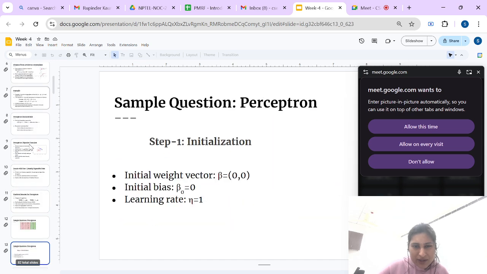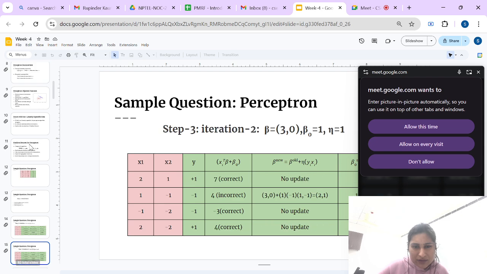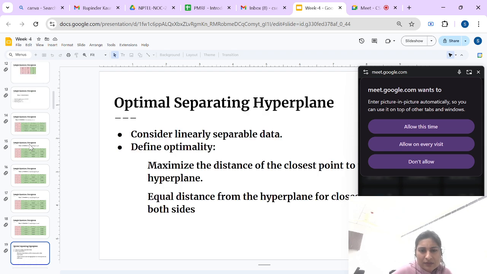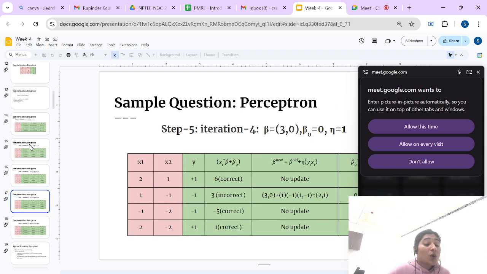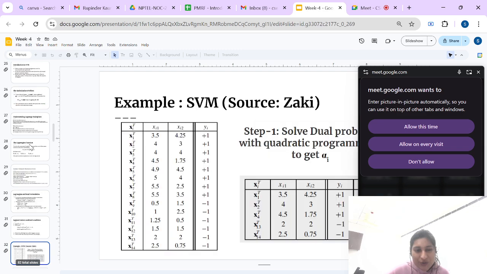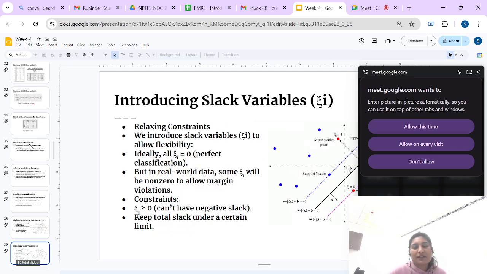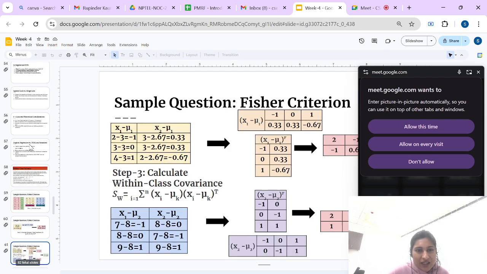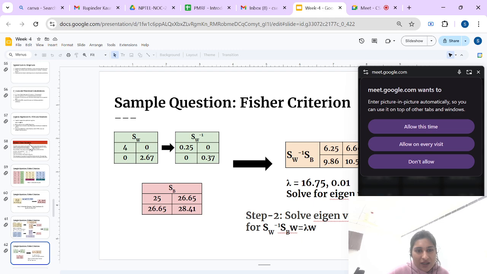No, I have not written L1 and L2. It was not written there. But they've asked about L1 and L2 penalty terms. For the perceptron, that equation we did not see. I don't remember seeing that.